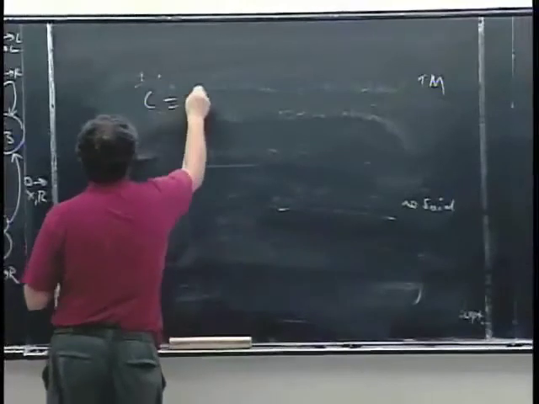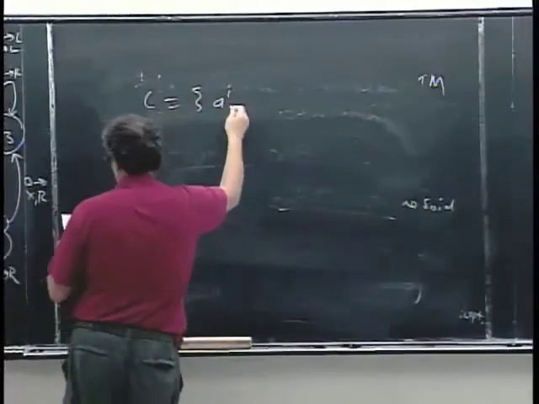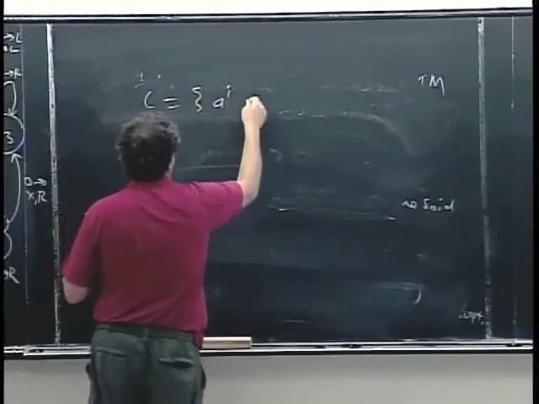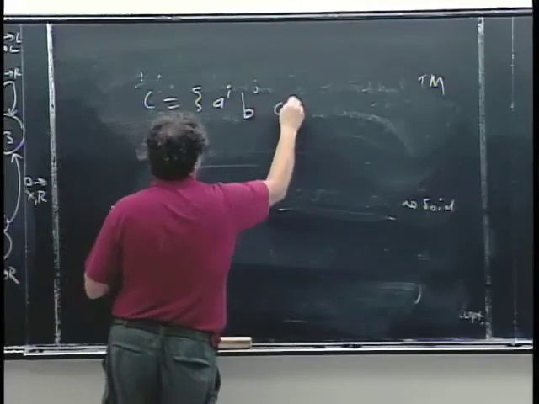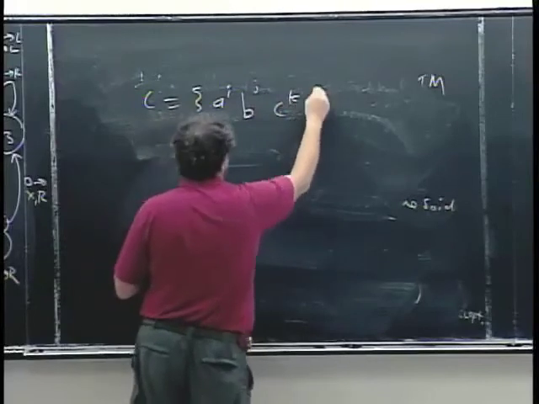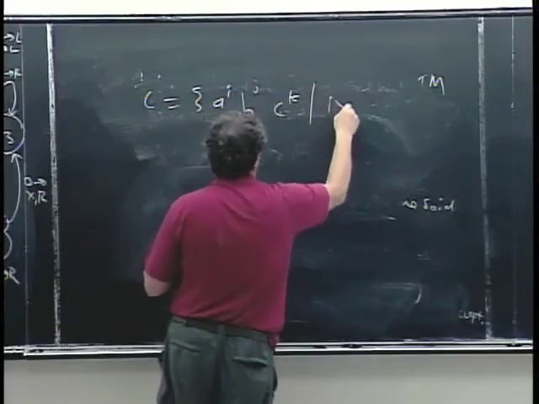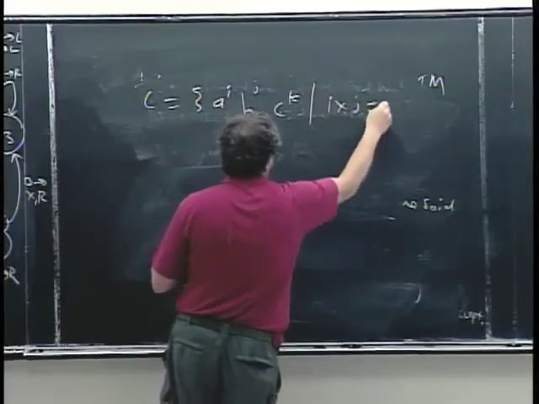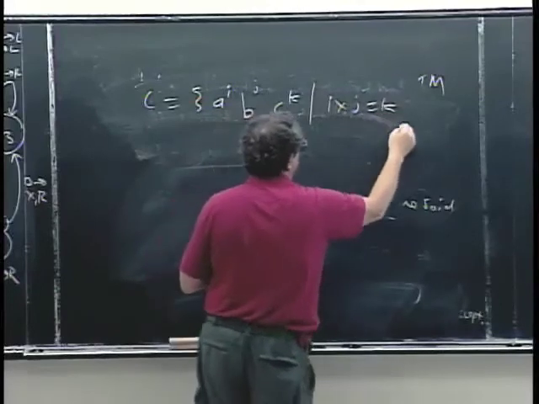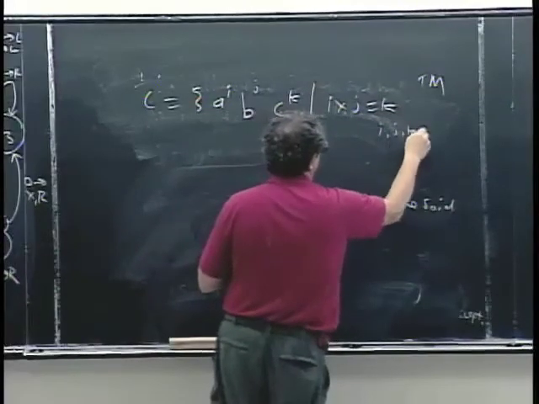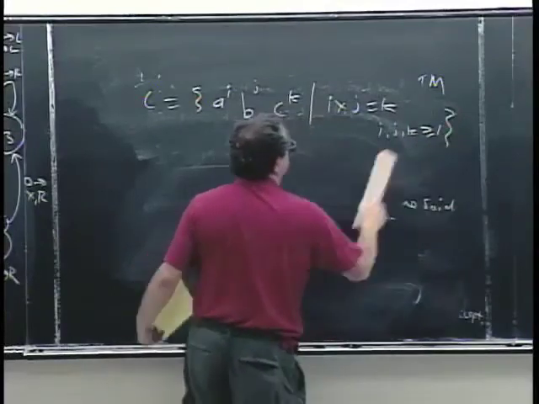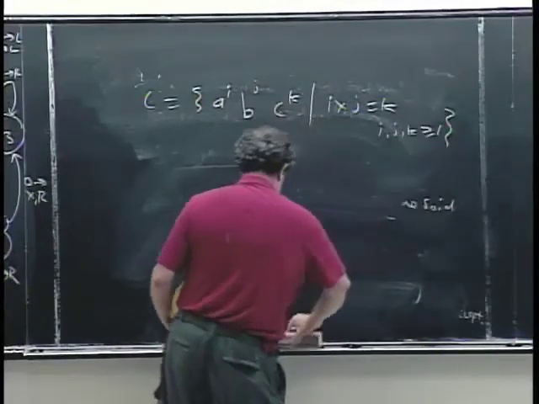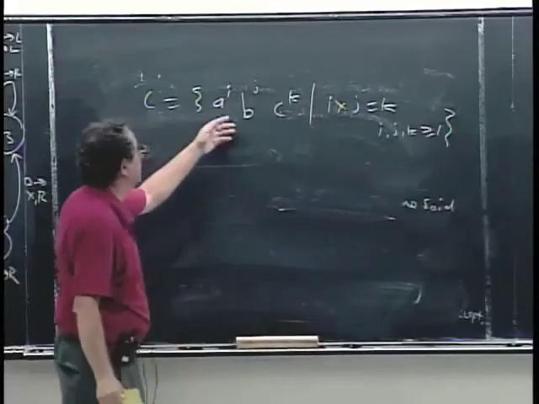C is equal to A repeated i times, B repeated j times, C repeated k times, where i times j equals k, and i, j, and k are greater than or equal to 1. So we're going to see that the Turing machine can do multiplication.